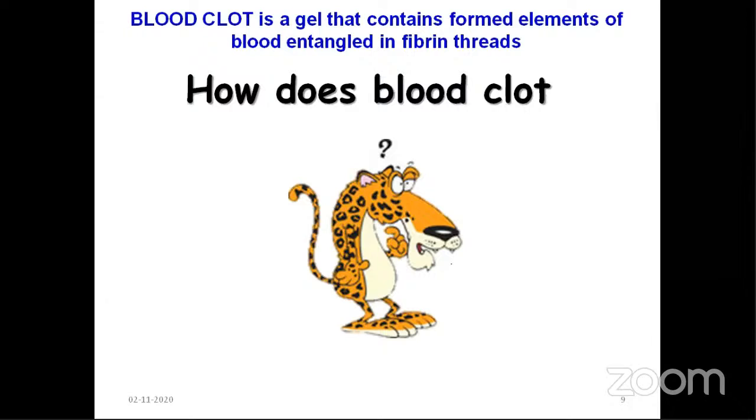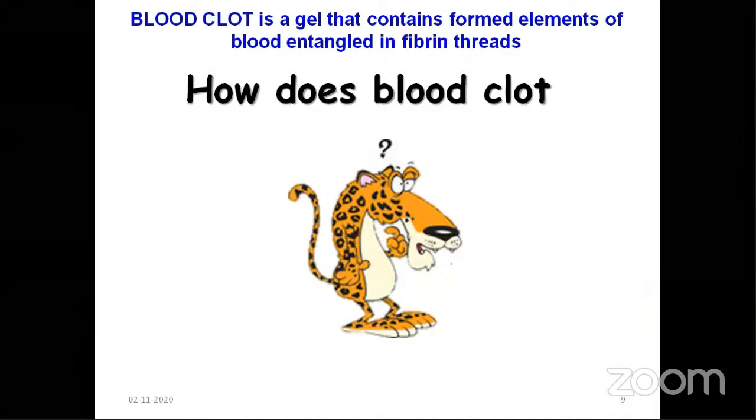Now the next question arises: when we allow the clot to stay for some period of time, the liquid portion separates from the clot and forms a fluid which is called serum. So what is serum? Serum is nothing but blood minus the clotting proteins which have been used up in the clotting process.